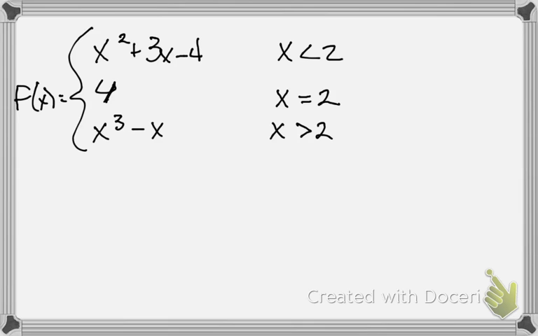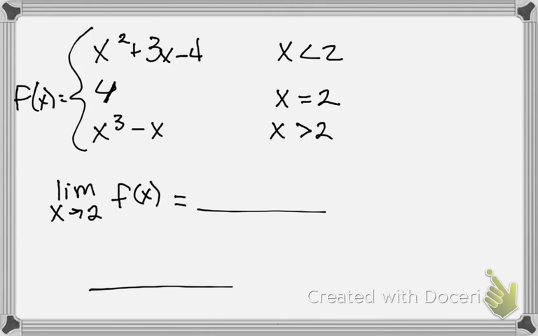We want to know the limit when x approaches what value? x approaches 2. So we're going to do the same thing. What's my dividing line here? 2. Yeah, 2 is my point of reference. We know that at 2, f is 4, because that's what it is when x equals 2.